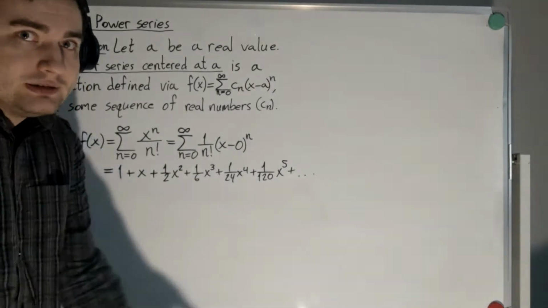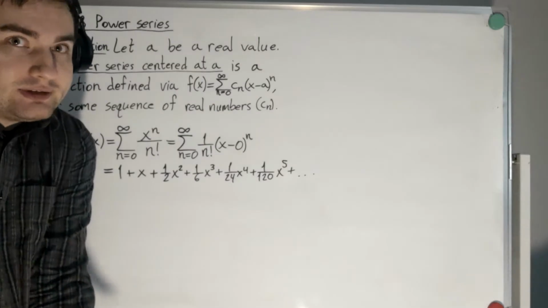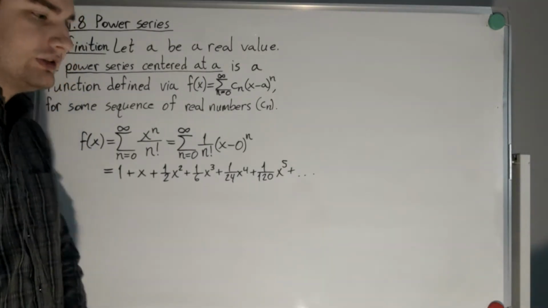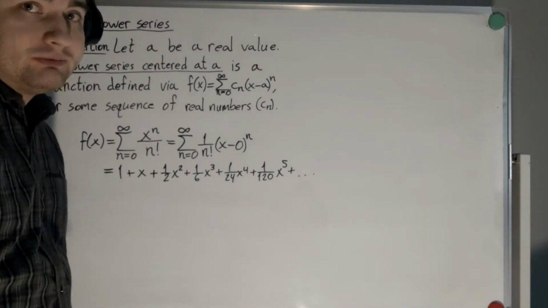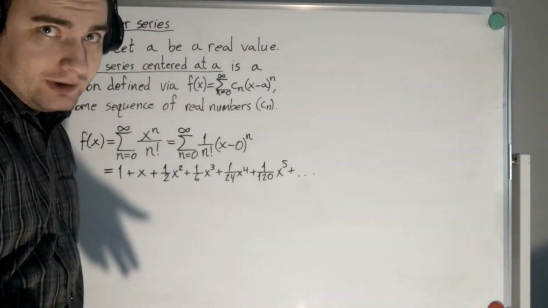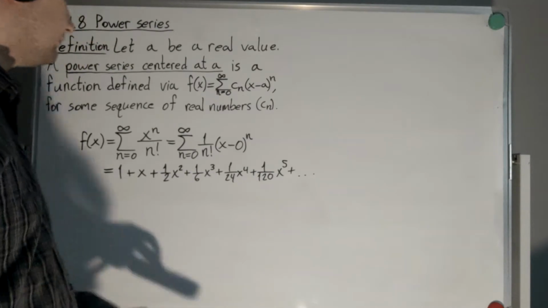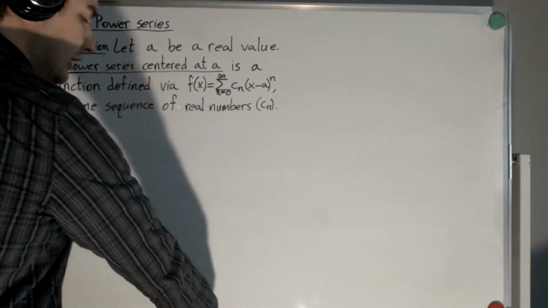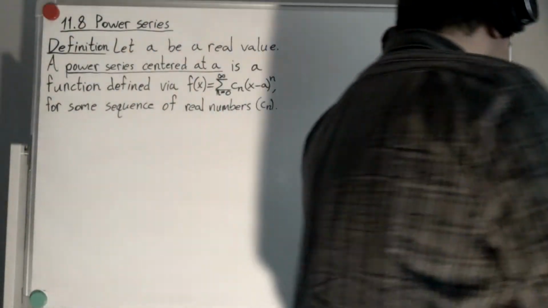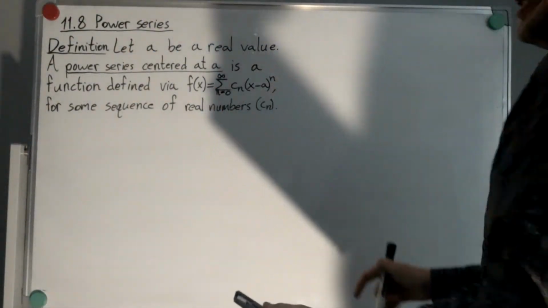Maybe it does for some x and for some x it doesn't. So those are the sorts of questions that we're going to answer. Essentially what we're trying to do is figure out the domain of this function. So that's pretty much what we're going to focus on in this lecture. Not just that function, but all power series.